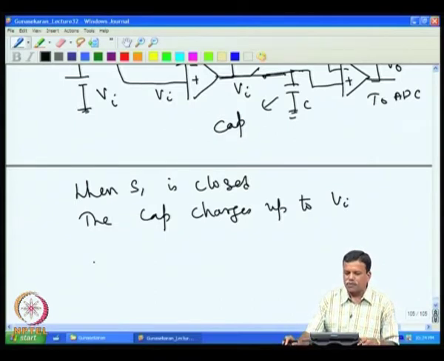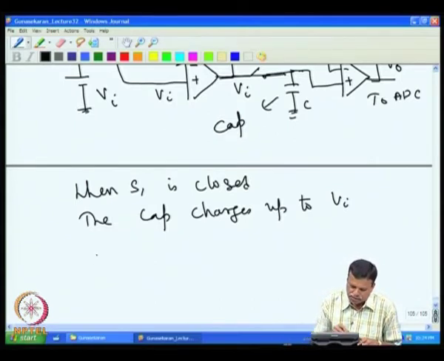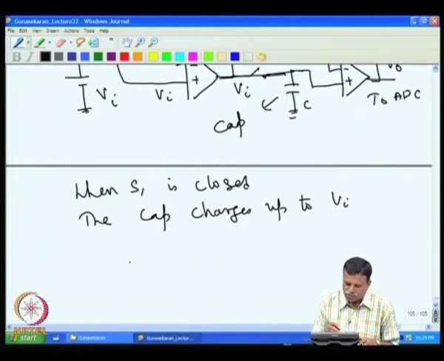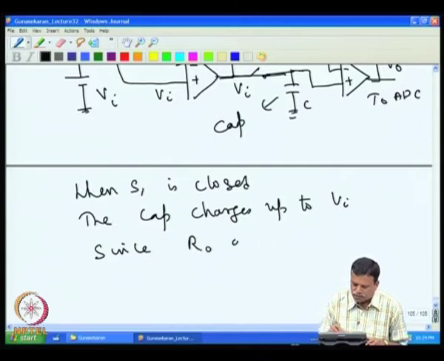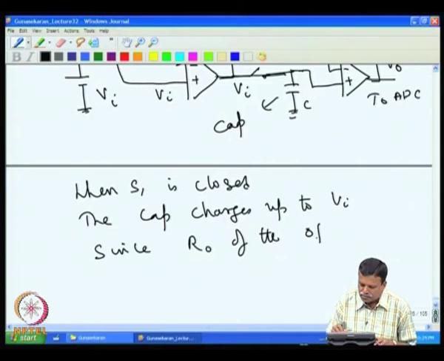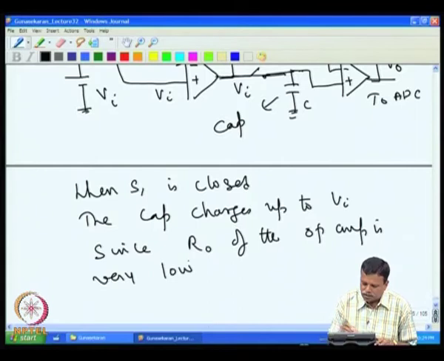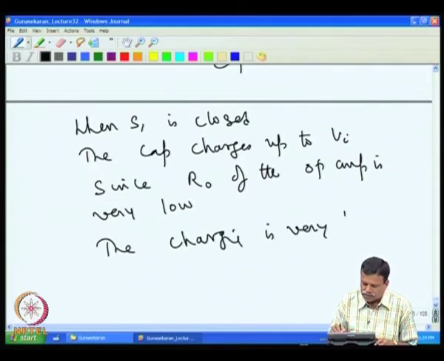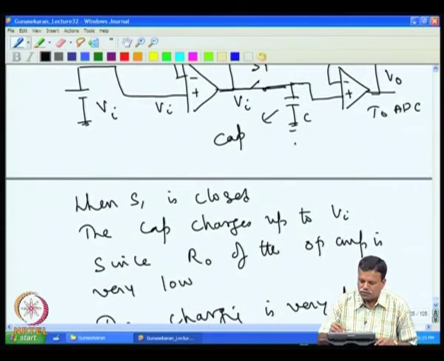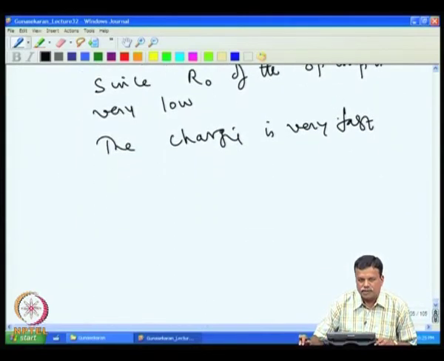This needs some time to charge up, but the output impedance R0 of the op amp is very low, so the charging is very fast. With a few milliohm resistance and a capacitor of less than 1000 pF, it charges up in a fraction of a microsecond.